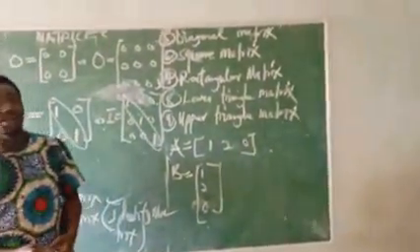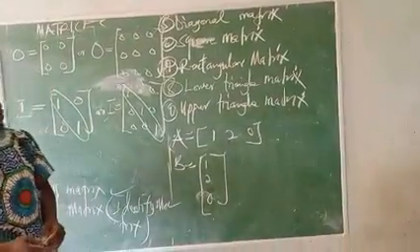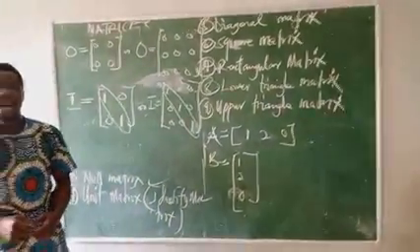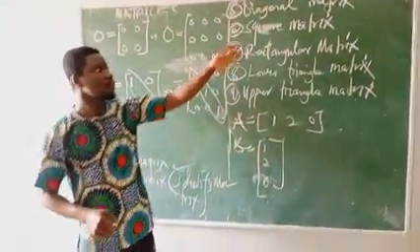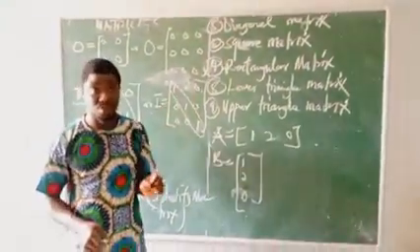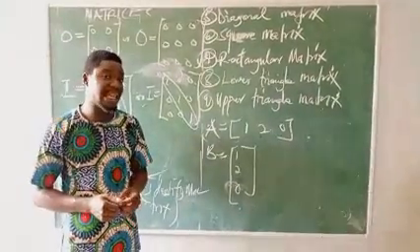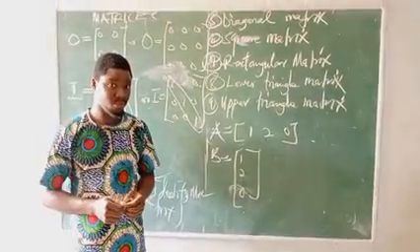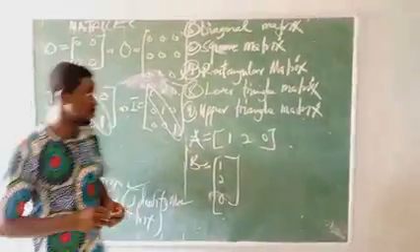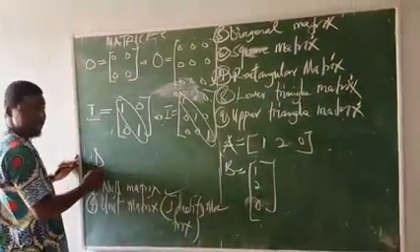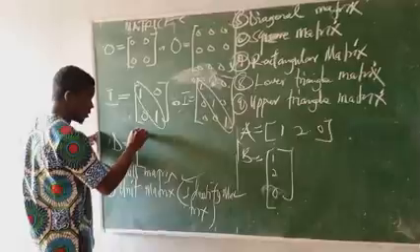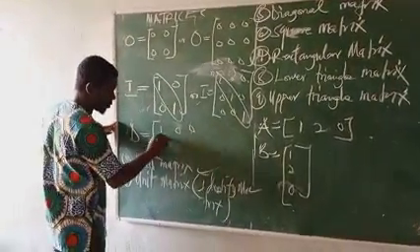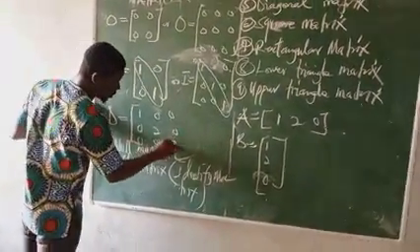Then for the diagonal matrix, as the name implies, a matrix is said to be a diagonal matrix if all its elements are equal to 0, except the elements in the leading diagonal, which can take any value. For instance, matrix T equals [1, 0, 0; 0, 2, 0; 0, 0, t].